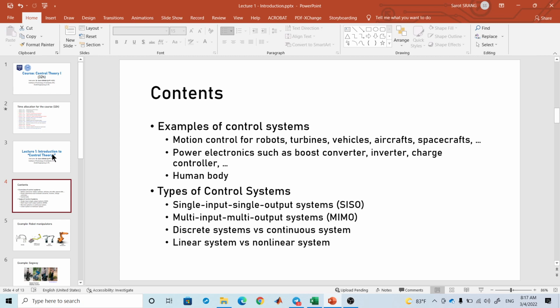The next main point I want to show for the introduction is the types of control system. For example, single input, single output, multi-input, multi-output system, discrete versus continuous system, and linear system versus non-linear system.